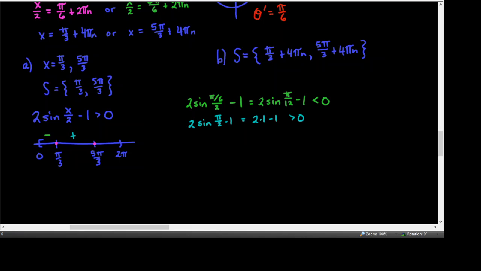Then something bigger than 5 pi over 3. How about 11 pi over 6? Oops, wrong color. 2 times sine of 11 pi over 6 divided by 2 minus 1 is the same thing as 2 sine of 11 pi over 12 minus 1.